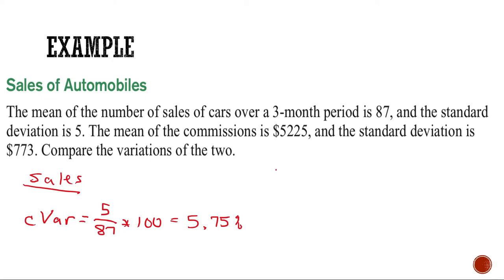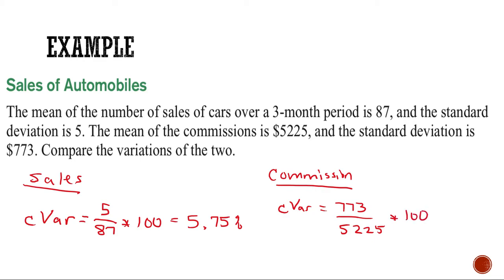And then I'm going to look at the commission data and do the same thing. I'm going to take my standard deviation for that one, which is 773, divide by my mean, which is 52.25, multiply by 100. That gives me 14.79.